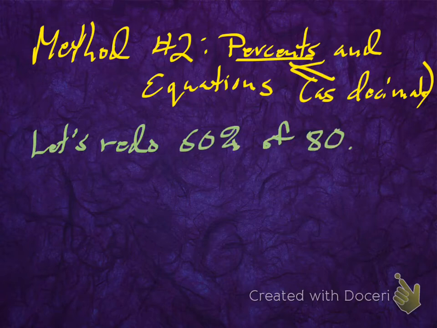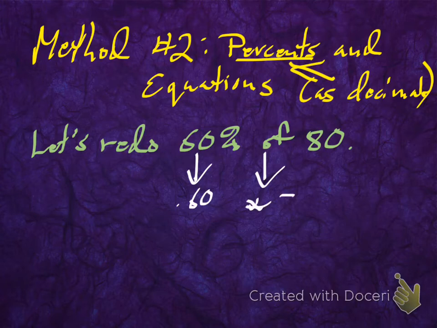Let's do 60% of 80 again, but this time let's do it as an equation. What we're going to do in this one is change, just like we did in the last lesson, 60% to 0.60 or just 0.6. What does of mean in mathematics, everybody? Right, so we're going to change that to a times, and we're going to do basically 0.6 times 80.